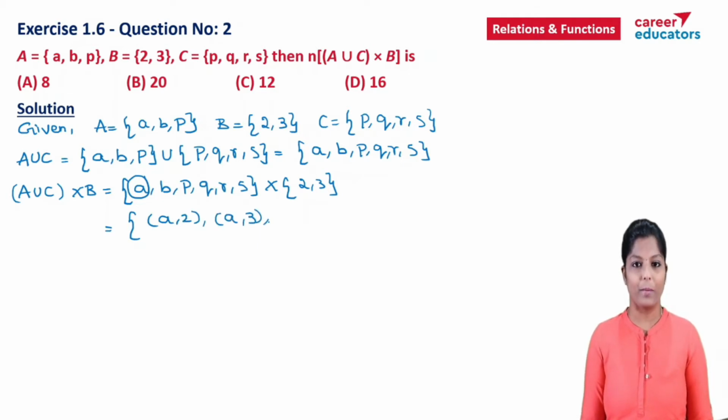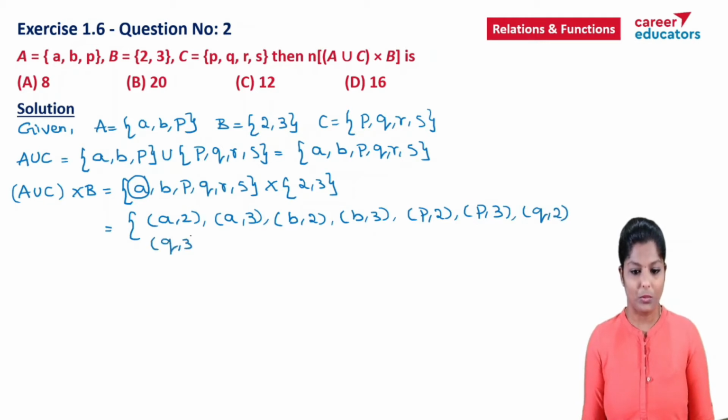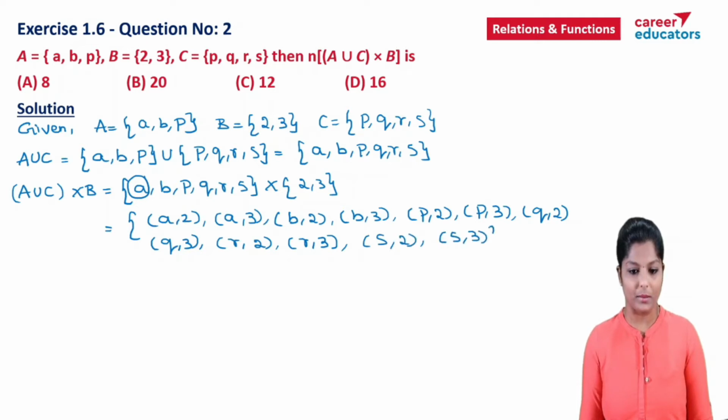Likewise, we have to pair each element of A union C with each element of B. We will get (b, 2), (b, 3), (p, 2), (p, 3), (q, 2), (q, 3), (r, 2), (r, 3), (s, 2), (s, 3).